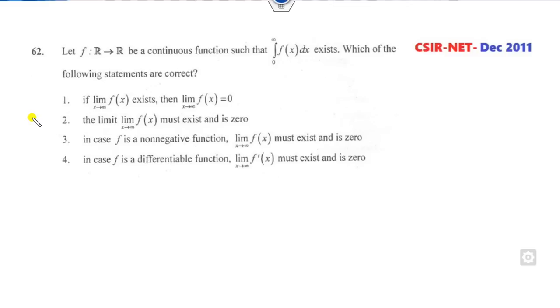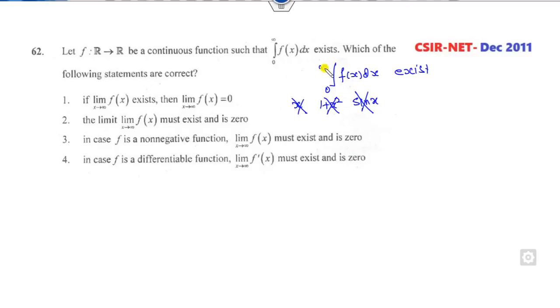Okay, let f be a function such that the limit of this exists. Limit exists. So definitely look at that. x will not be the function because it's from 0 to infinity. 1 plus x square will not be the function. Sin x will not be the function.